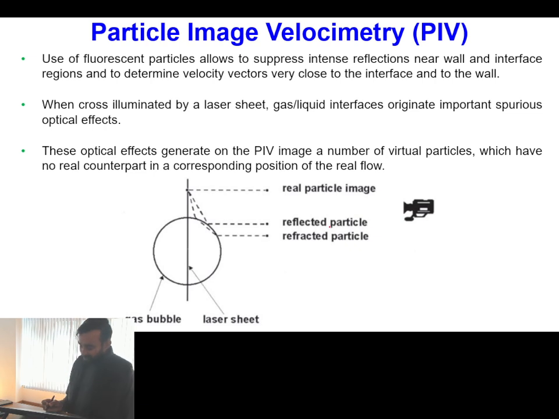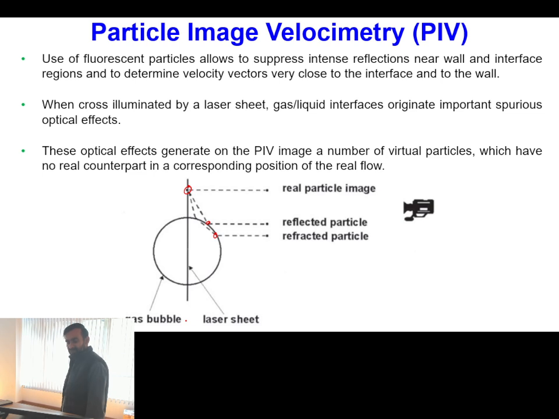So you can see that if you send a ray something like this, if the ray is getting reflected, then at this point, instead of capturing the real particle, it may also capture some virtual particle, and there can be likewise refraction of the rays from the interface.